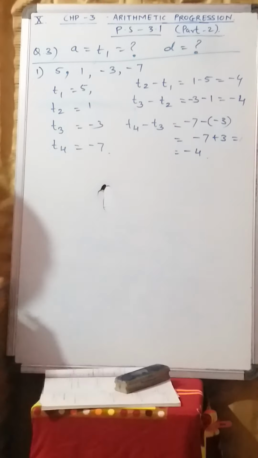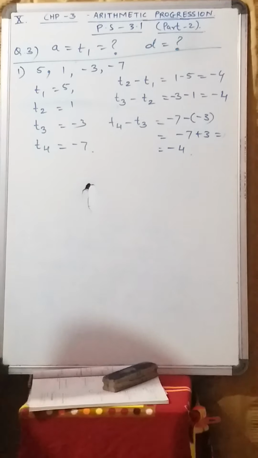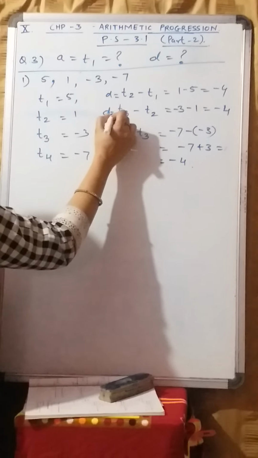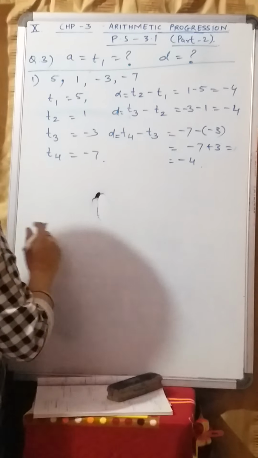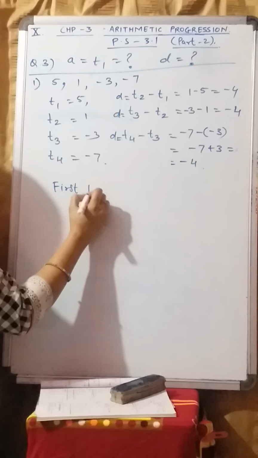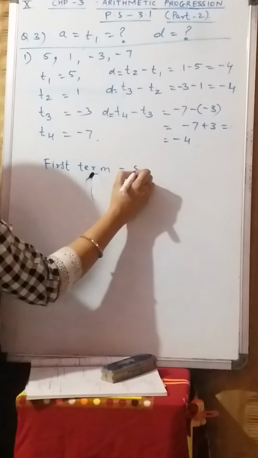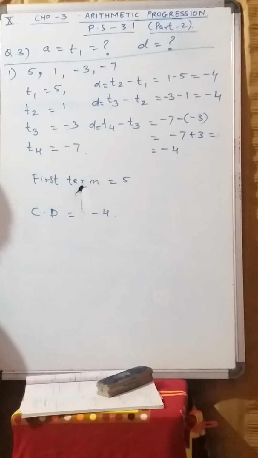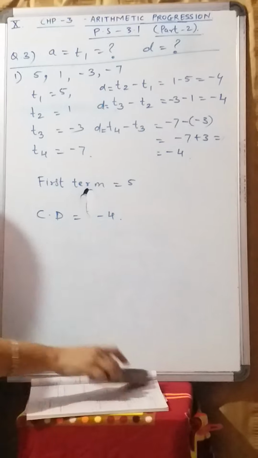So D is -4. It is not compulsory to subtract all the terms. Here you can write the first term is equal to 5 and the common difference is equal to -4. You will get this sum for 2 marks in exams.